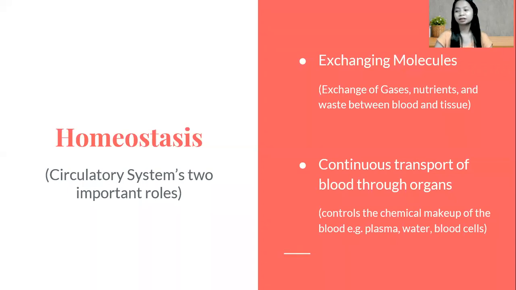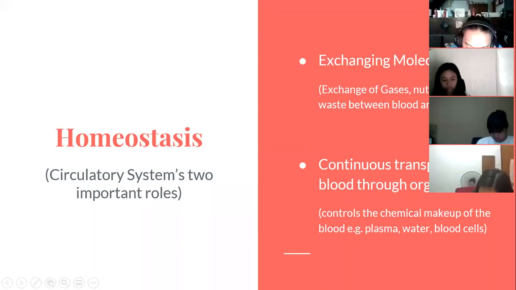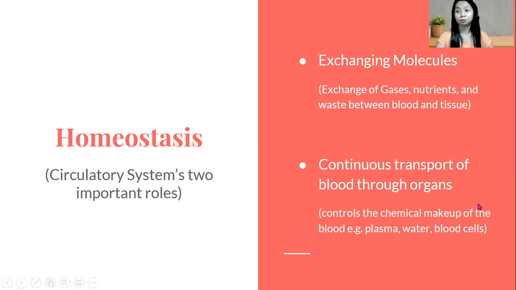Second, the circulatory system controls the chemical makeup of the blood by continuously transporting it through organs such as the liver and the kidneys. What are those chemicals? Plasma, water, and blood cells. By these two important roles, homeostasis is possible. Again, exchanging molecules and continuous transport of blood through organs.